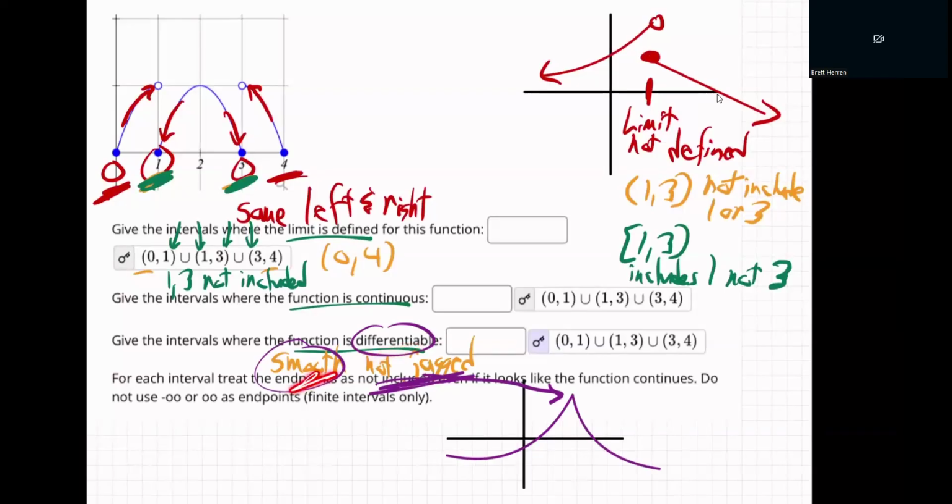Well, to be differentiable, to be smooth, it's got to be connected. So at 1, it's not even connected. And same thing at 3, it's not even connected. It's not even continuous. So how could it be smooth? So it's going to be the same answer. It's basically everywhere from 0 to 4, not including 1 and 3, because it's not even connected there. So it's certainly not smooth there. And so there we go.